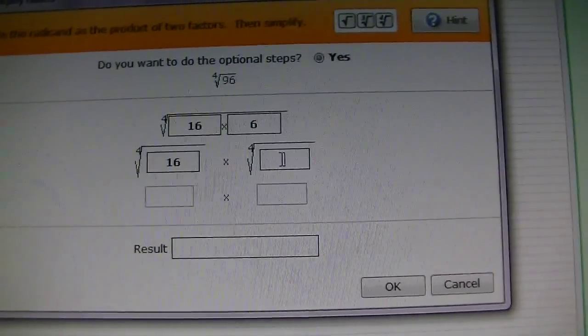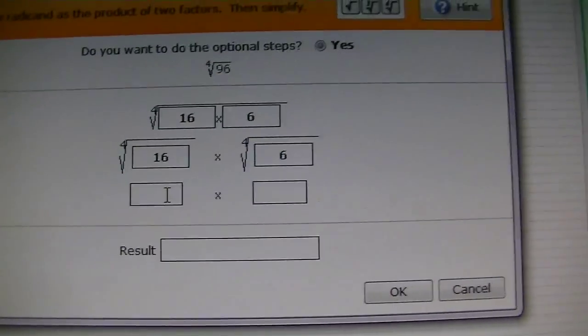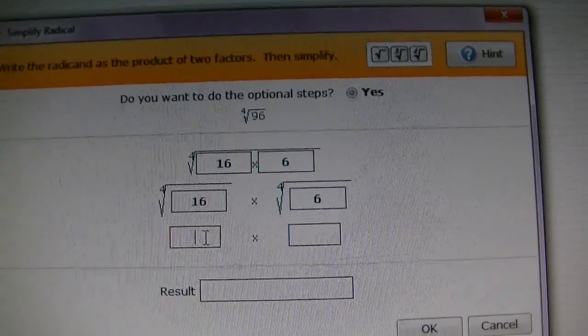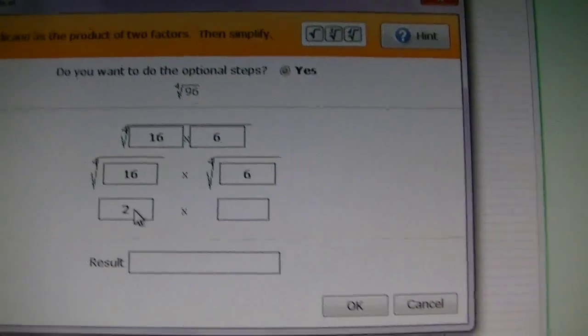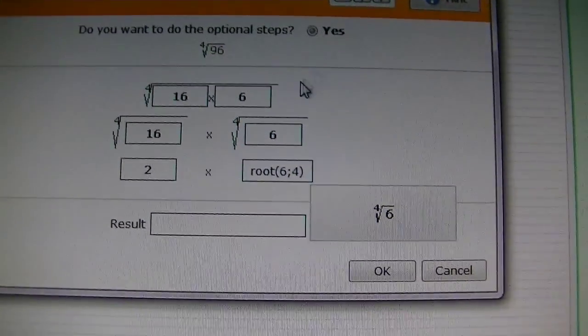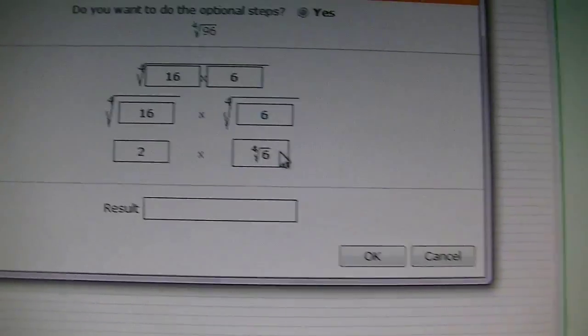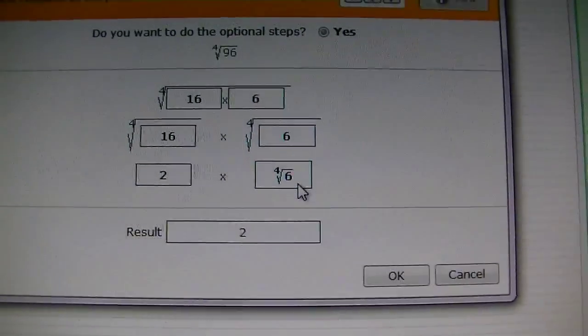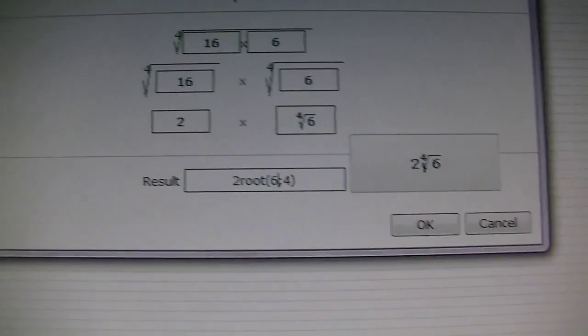And I'm going to bring the 6 down. And now as I saw before, the fourth root of 16 is 2, so I'm just going to write 2. And then I can't take the fourth root of 6, so I'm just going to write it as, go grab your fourth root, 6. Enter. Okay, and my result is 2 times the fourth root of 6, so I'm going to write that, just 2. And the times is implied there, you don't have to write it. Fourth root of 6.